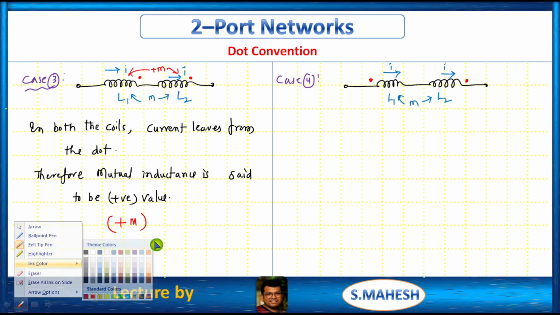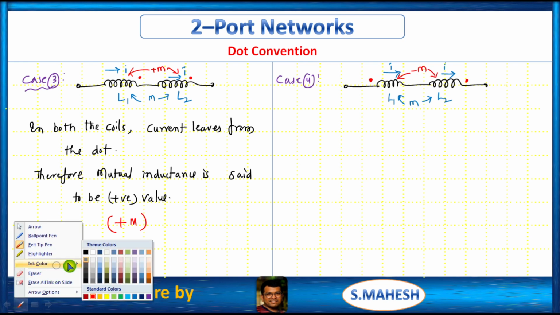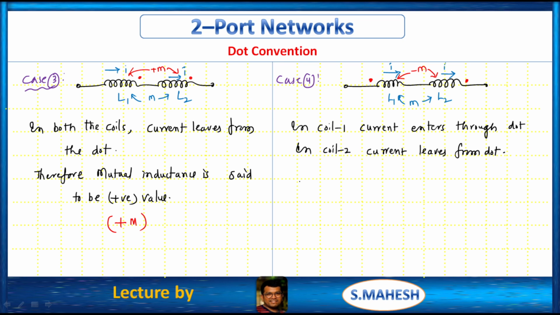Now we have what? This is minus M between these two. What is the reason here? In coil 1 current enters through the dot. In coil 2 current leaves from the dot.